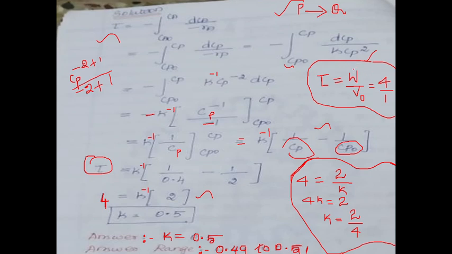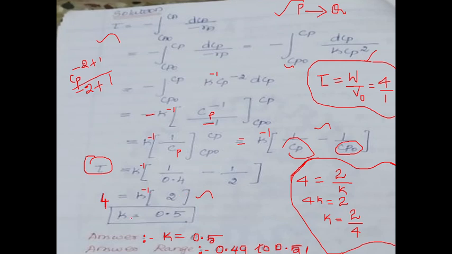Why? Because in the question itself they have mentioned the unit liter square divided by gram mole minute. So that's why we should take tau is equal to W by V0. W is 4 gram, V0 is 1 liter per minute. So tau is equal to W by V0, 4 by 1, tau is equal to 4. That is equal to the RHS side K inverse into 2.